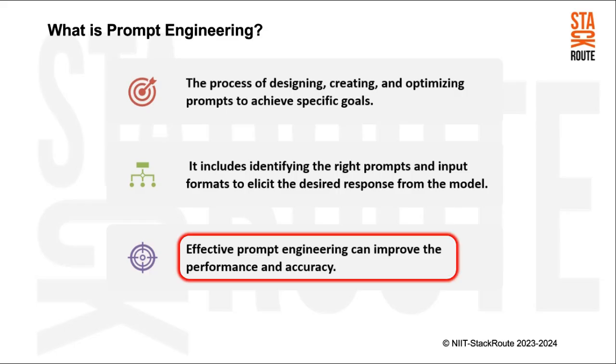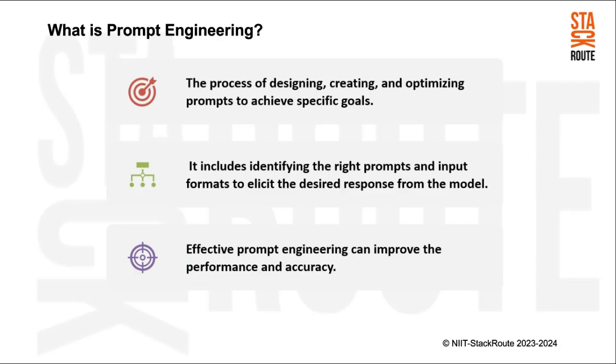Effective prompt engineering can greatly improve the performance and accuracy of ChatGPT. By crafting prompts that are specific and relevant to the desired output, users can get more accurate and useful responses from the model. So next, let us see some of the key components of prompt engineering.